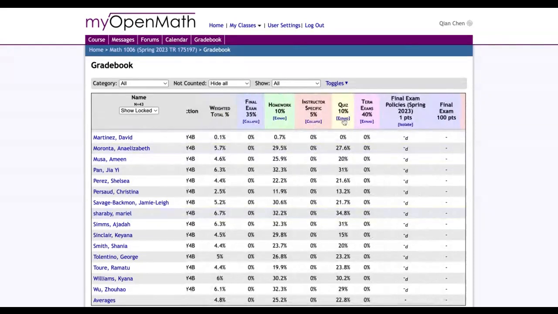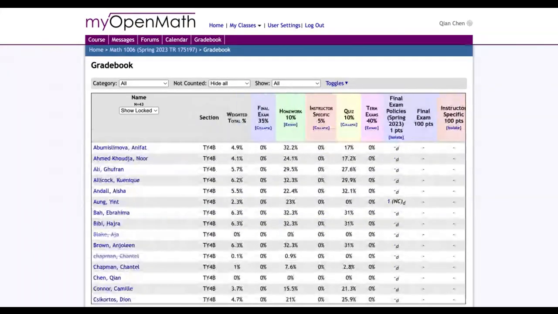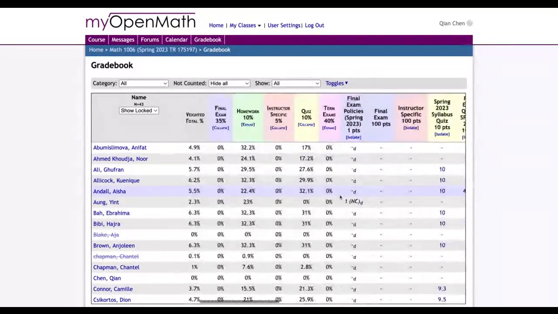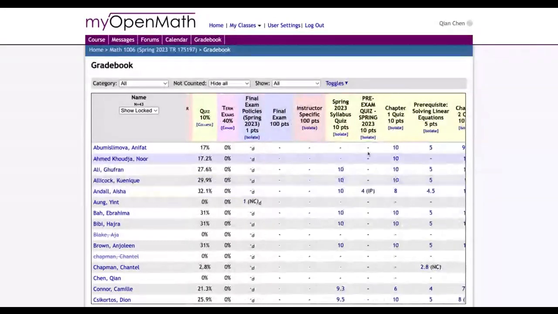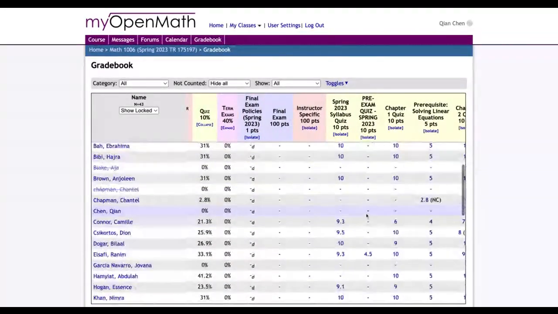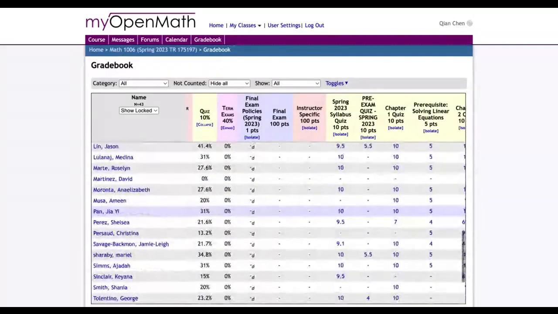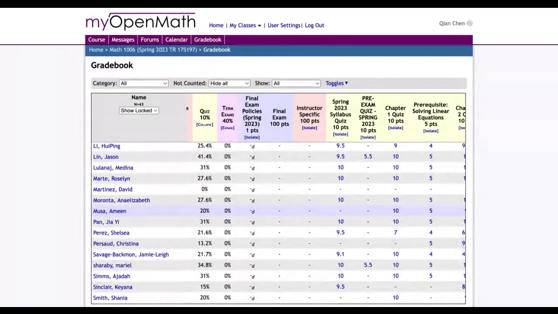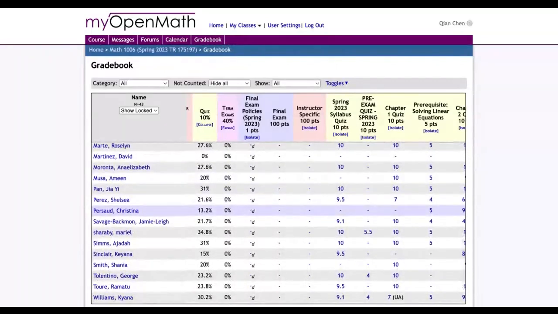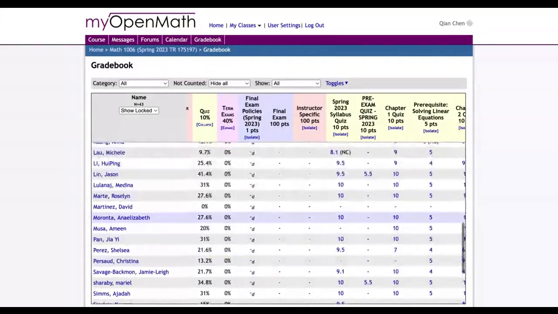So this is a quiz. Let me see this pre-exam quiz. Where it said to sign my name, I got that question wrong. But it wasn't really a question, so I shouldn't have gotten it wrong. Oh, I have to get to it to see it.